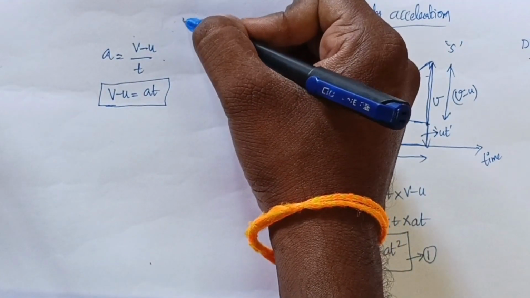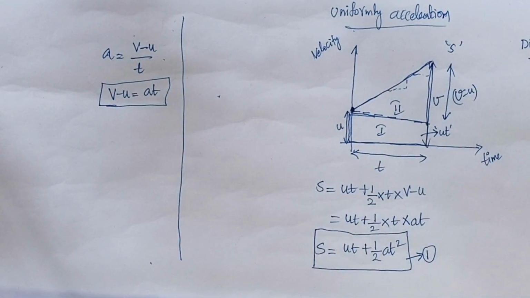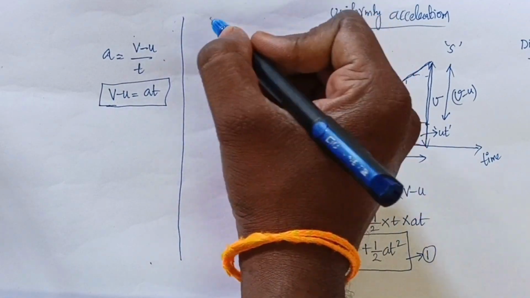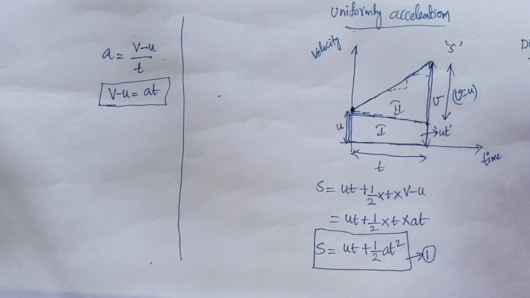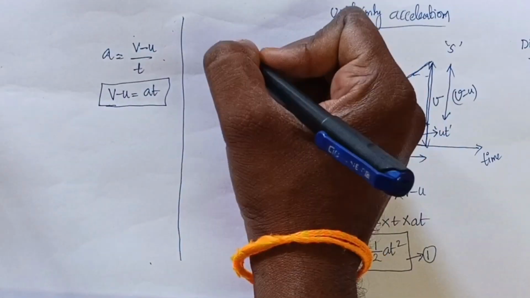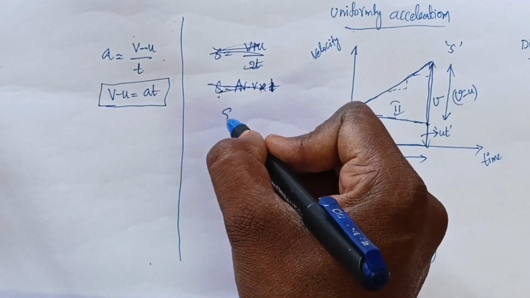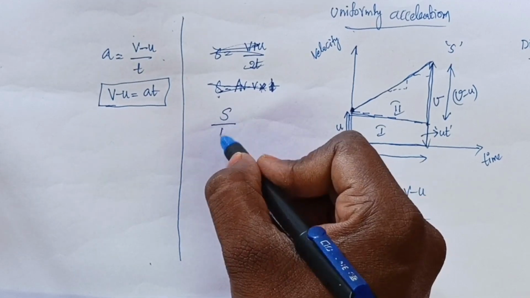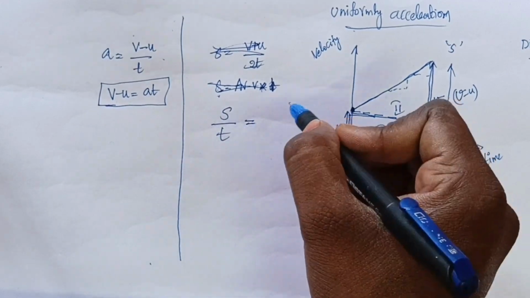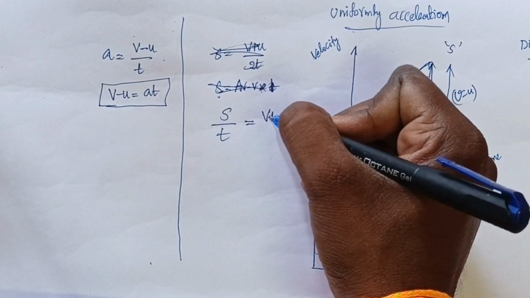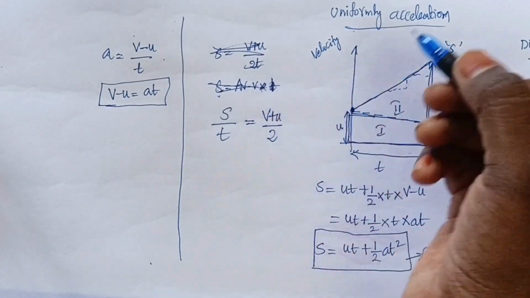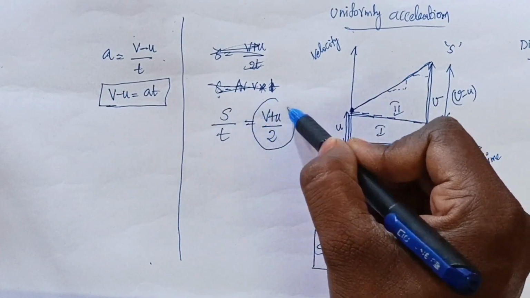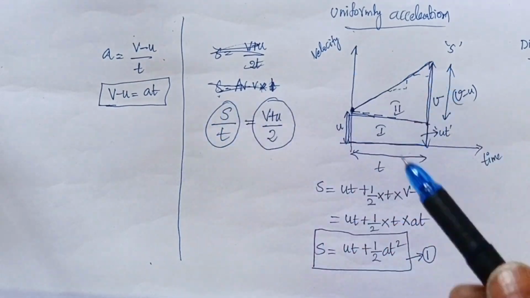Next, let me find another equation of motion. In the same expression, we know that the average velocity is given by displacement by time taken.